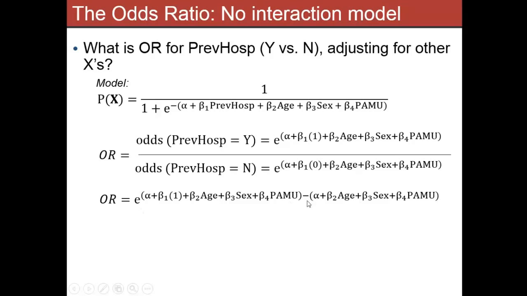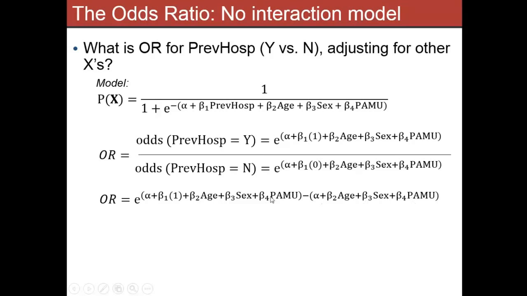I know this might be digging back to a part of your brain that you may not want to dig to, but with ratios of exponentials you can subtract them. And so this becomes e to the numerator piece minus the denominator piece.